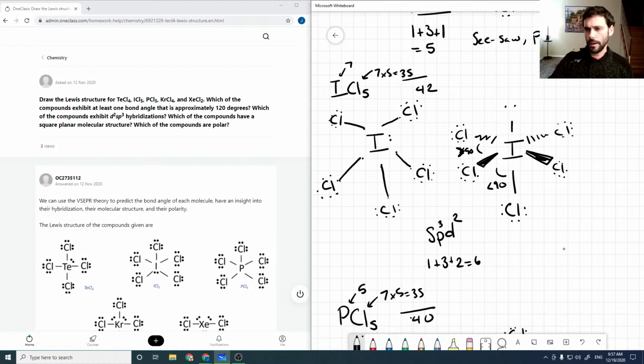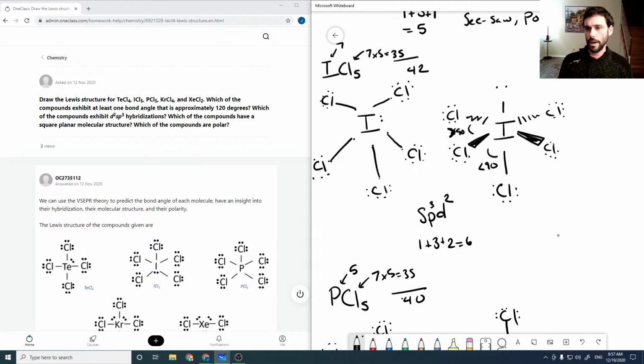Here we've got minor dipoles between iodine and chlorine, and it will point towards the iodine. And again, it's asymmetric, so it will be polar. And the structure here is square pyramidal.